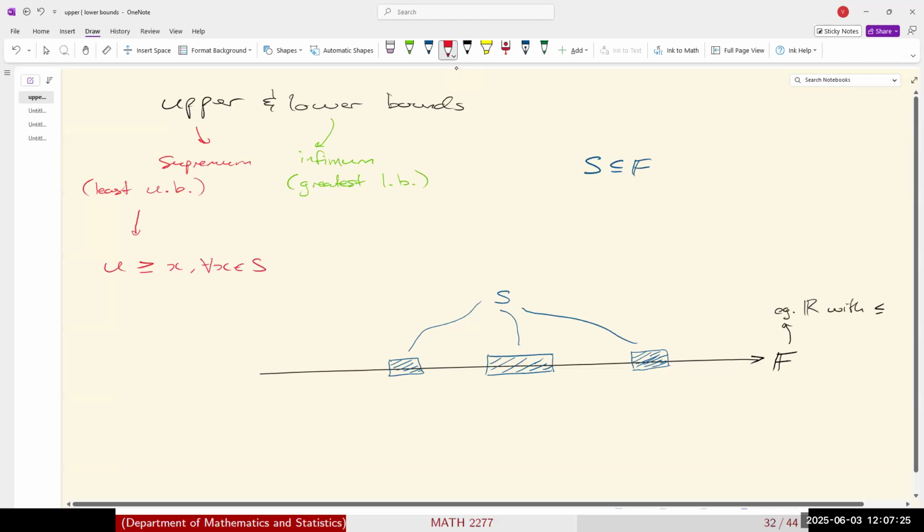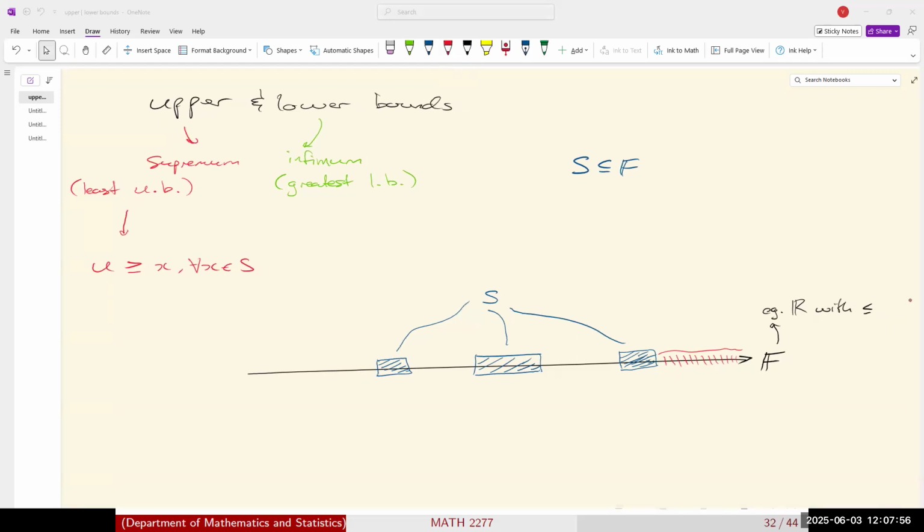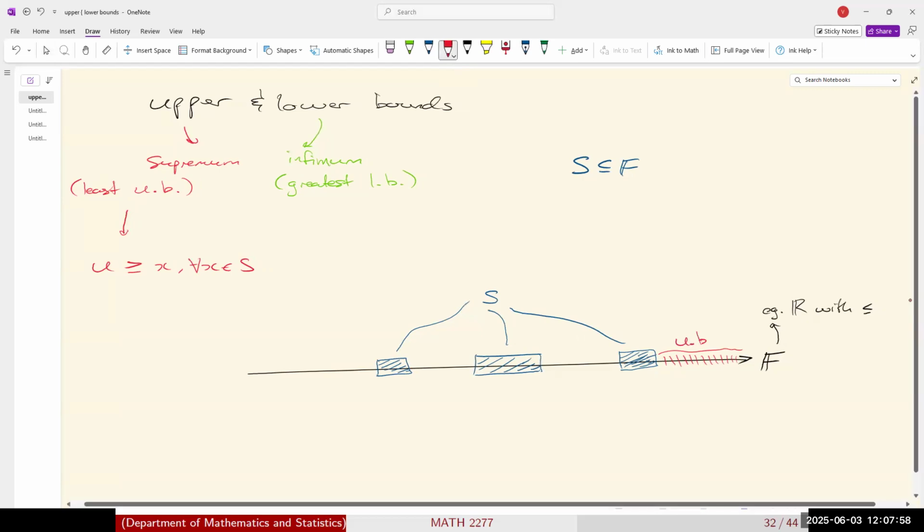If we go back to this picture, if I'm looking for elements that are greater than everything in S, it's easy to see that these elements should lie over here. If I take any of these elements, they will be bigger than every single element in the set. It doesn't matter that the set has a gap in between over here. The main point is it's bigger than everything in that particular set. So the upper bounds live up here, and there are many of them.